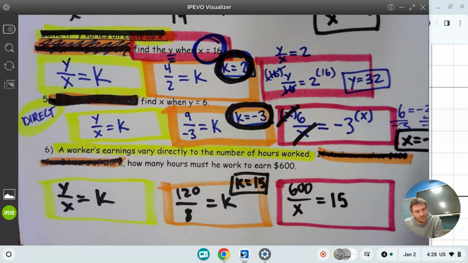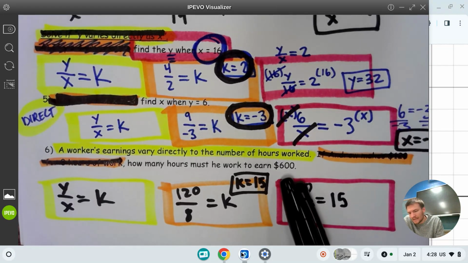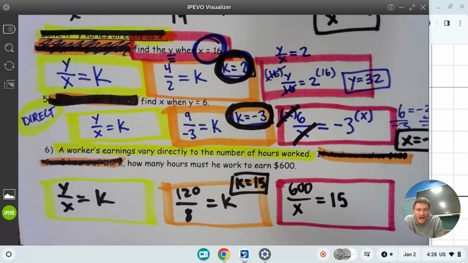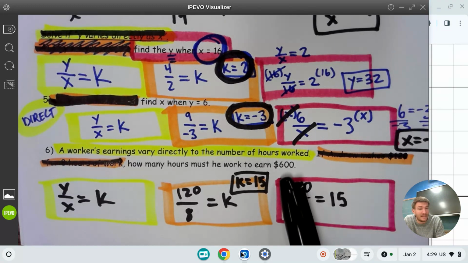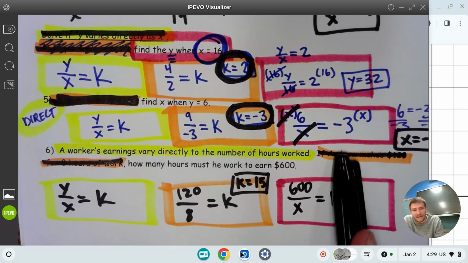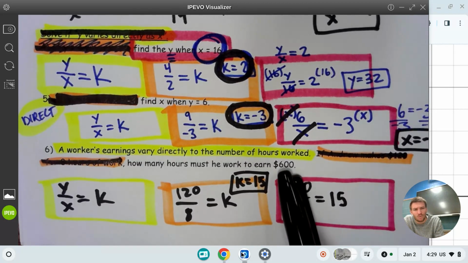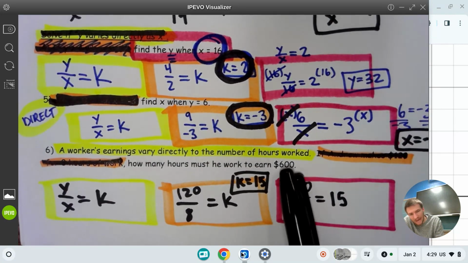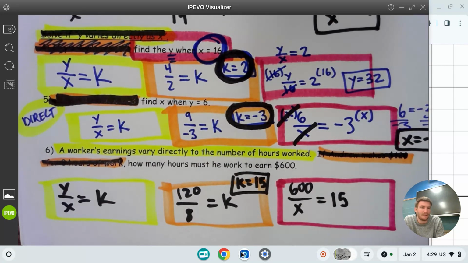So he made $120 today, and he's got in his mind, I really want to buy a PlayStation and some games. I really want to buy a couch. I really want to buy my first car. Or, hey, I got $600 of rent that I have to pay. And so Andrew's wondering, how many hours do I have to work to get $600 so that I can buy a PlayStation 5 and I can buy the new game, Grand Theft Auto or whatever it is.